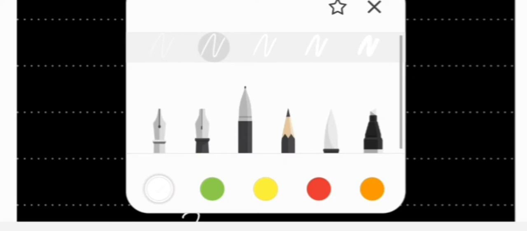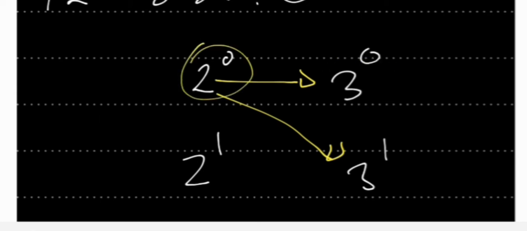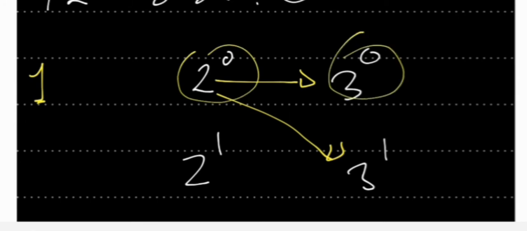So what combinations can we do? We can multiply this by this and by this. So what can we have? In the first one, we'll have 2 to the 0 is 1, multiplied by 3 to the 0 is 1, so it is 1.